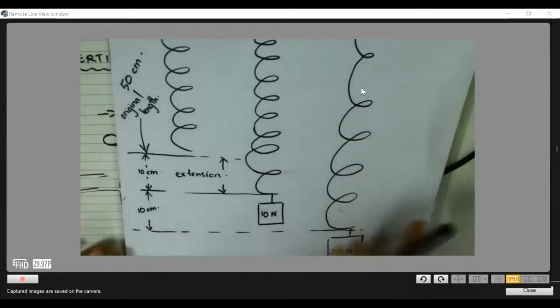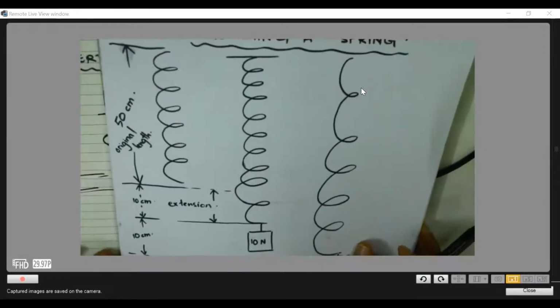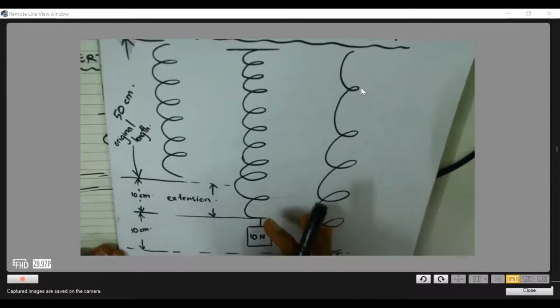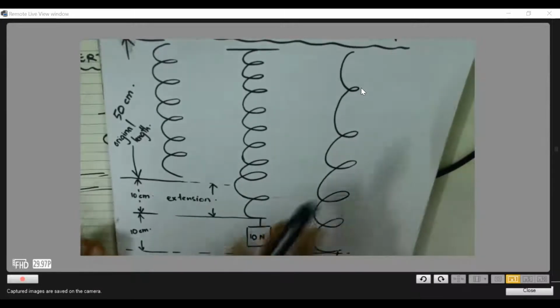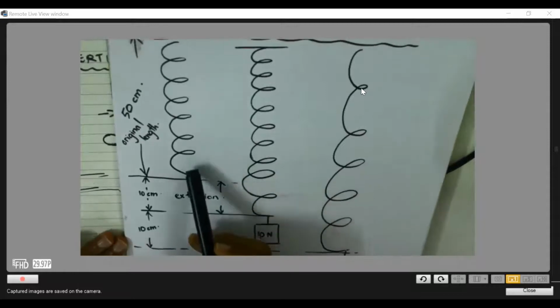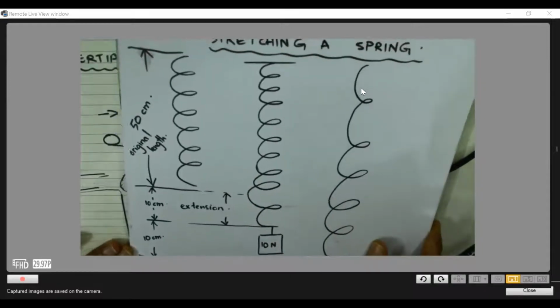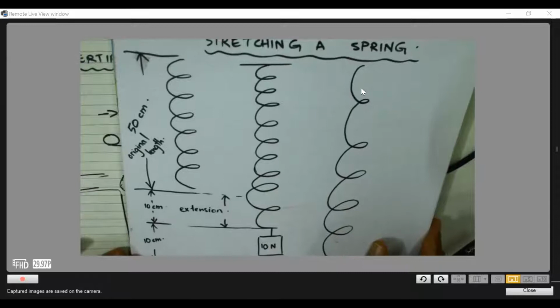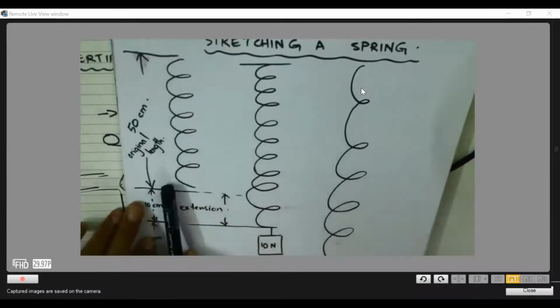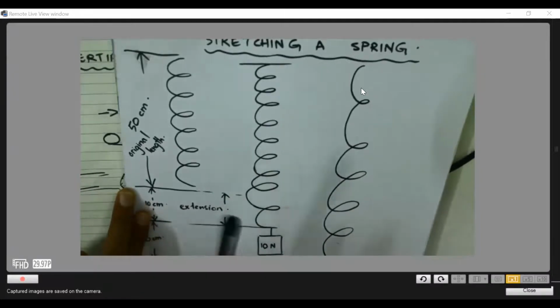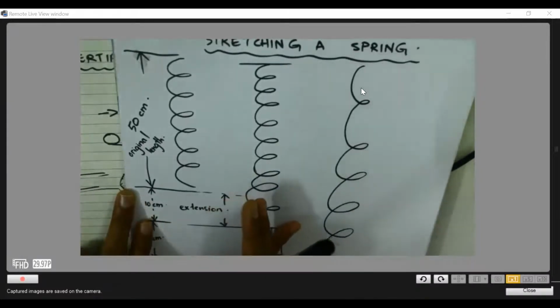So now we have this spring balance and we make use of its elasticity. We make use of this extension and its proportionality with load, as you mentioned, to measure the forces. Let's start. In order to use a spring balance, we should know its original length, meaning its own length without any force acting upon it.